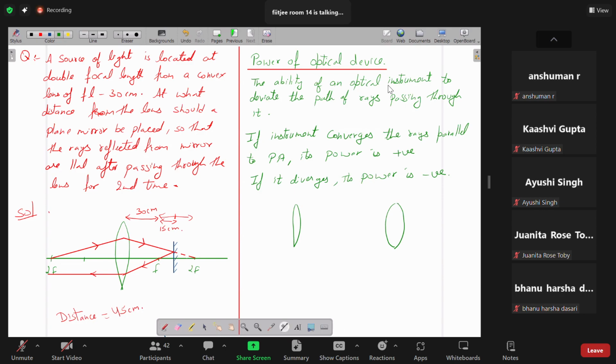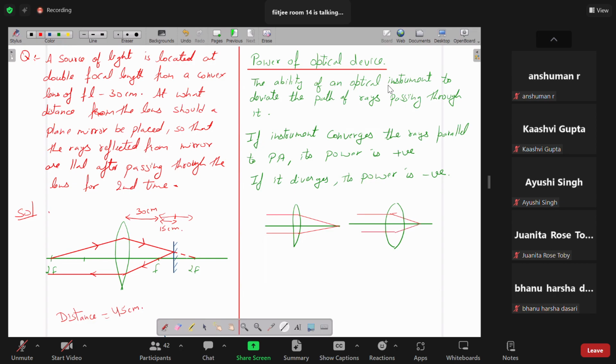When a parallel beam falls on one, say it converges over here, and for the second one, its focal length will be less because it's a thick lens, so it converges over here.